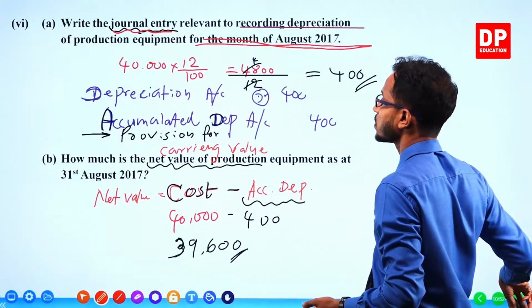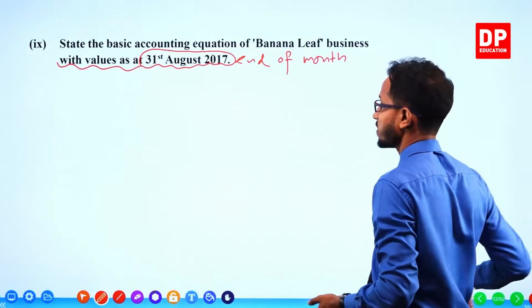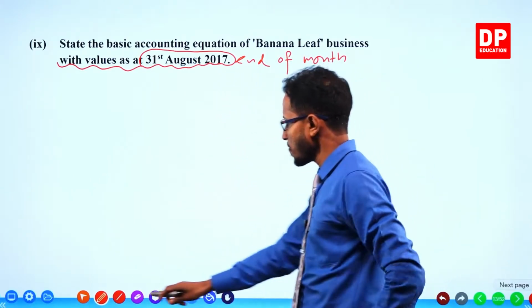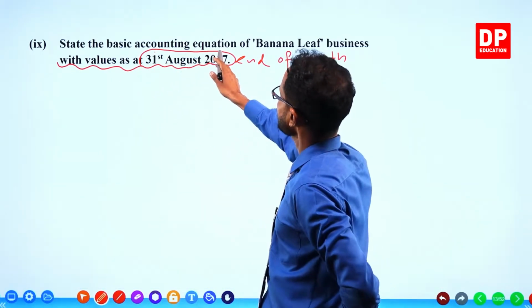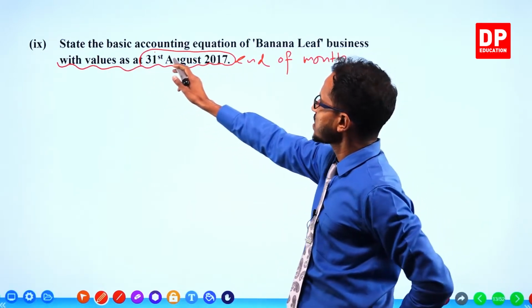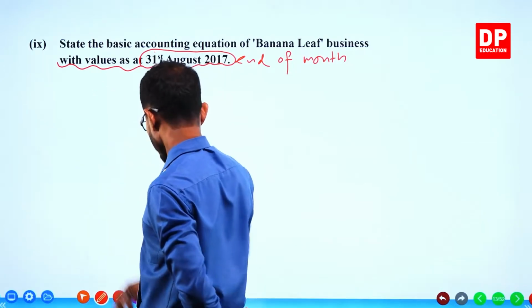Cash and debtors. Basic accounting equation. Let's write it down. State the basic accounting equation of banana leaf business with values as at 31st August, end of the month.